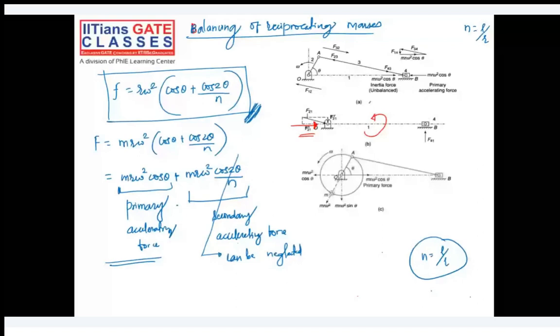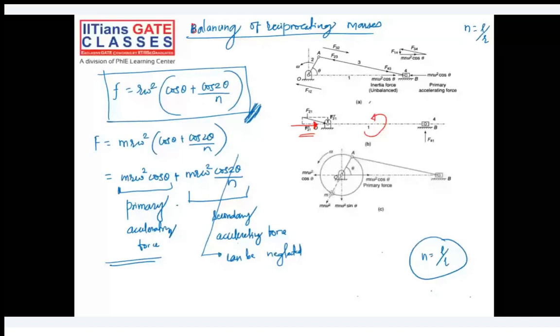We can do this, or we can balance this mass by using a counter mass, which is directly opposite to the crank. So look at figure number C now. In figure number C, what am I doing?